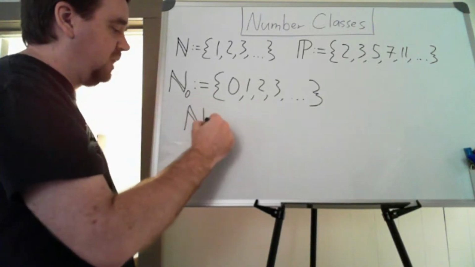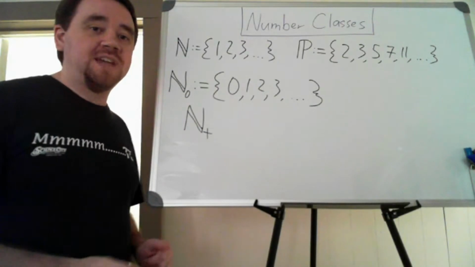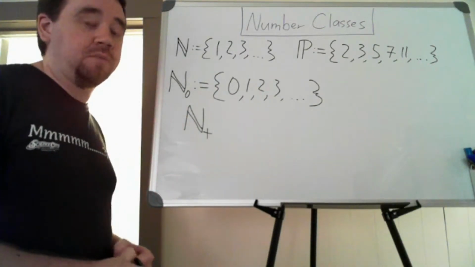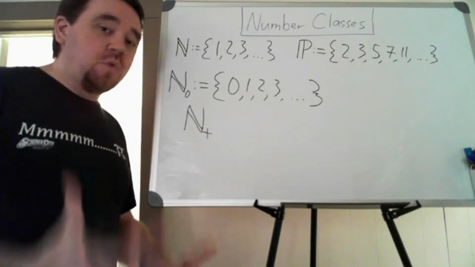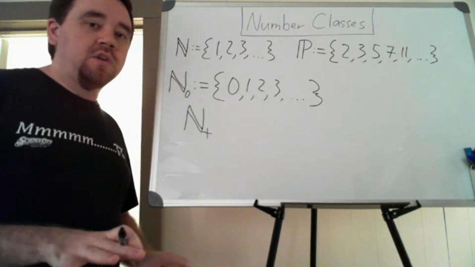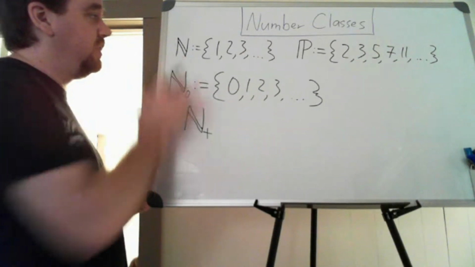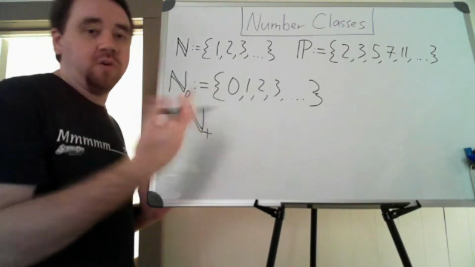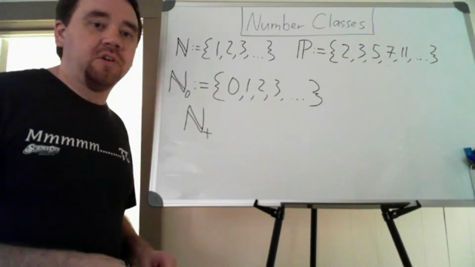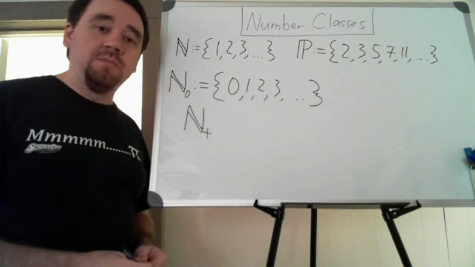The same capital N, but then they put a positive or a plus as a subscript to say I'm defining only the positive natural numbers, because 0 is neither positive nor negative. Well, I just want to make you aware of it. It's not what we're going to do here, and the majority of mathematicians don't agree with that anyway. What we're doing here, this N natural is without 0, and if we want a 0, then we'll subscript a 0 or whatever, or just say the naturals plus 0, or however else we want to do that. But that is the whole numbers.